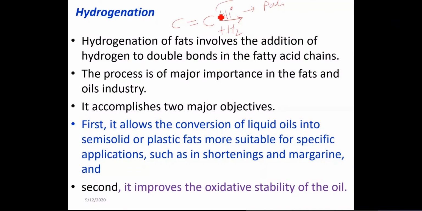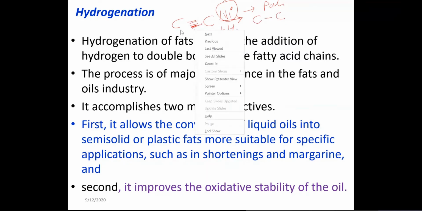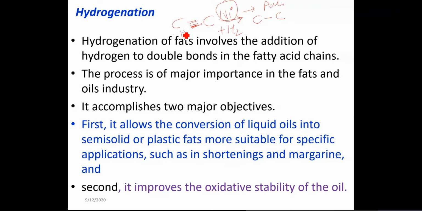So in the presence of nickel, when you add the hydrogen, the double bond gets converted into a single bond. Double bond means polyunsaturated.